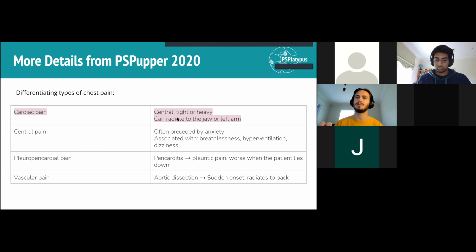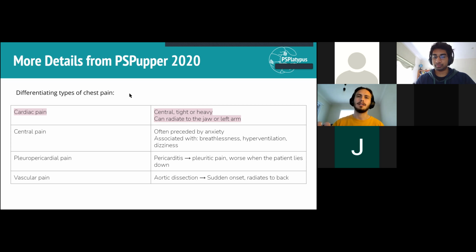So the jaw or left arm, central, tight and heavy. And I think also there's this concept of a sense of impending doom. And that's another thing that you'll see in heart attacks: someone feels like they're going to die, and they have this abnormal awareness that they feel like they're about to die. So that's a very interesting finding for heart attacks.